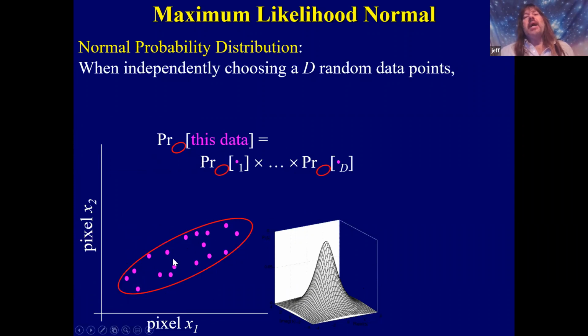And because they're independent, well, it's the probability that we got our first point, times the probability we get our second point, times the probability we get our third point, right? So we can calculate what's the probability of getting this data, right? Does that make sense?